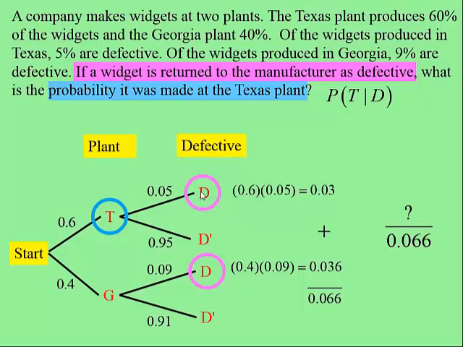This branch we've already computed, multiplying out to the end, is 0.03. That's the top number of our probability. Dividing those two using our calculator, we get 0.45 or 45% probability that it was made in Texas if it was returned as defective.